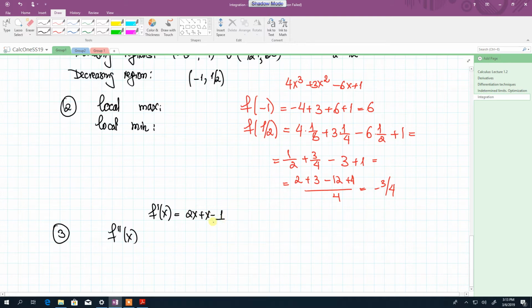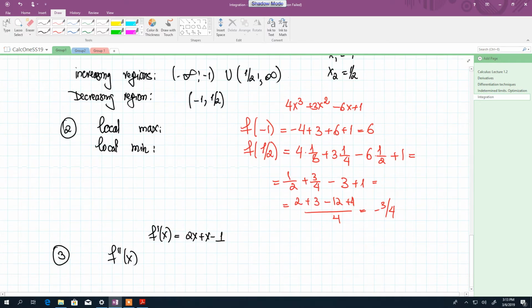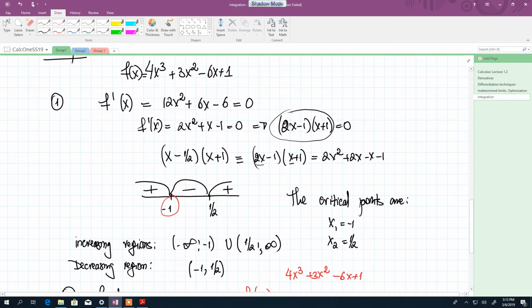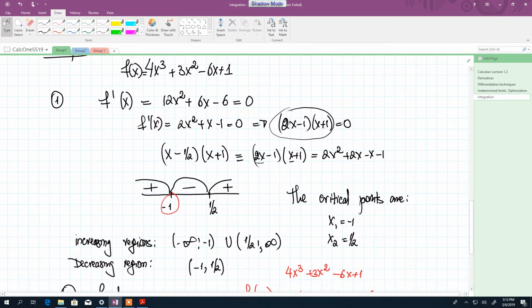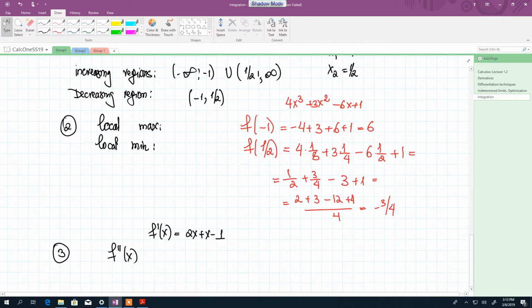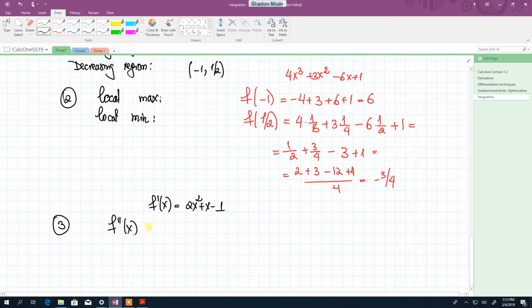It doesn't matter, actually, we will divide them anyway at the end. So 2x squared plus x minus 1. Let's take the derivative of this. The derivative will be 4x plus 1.